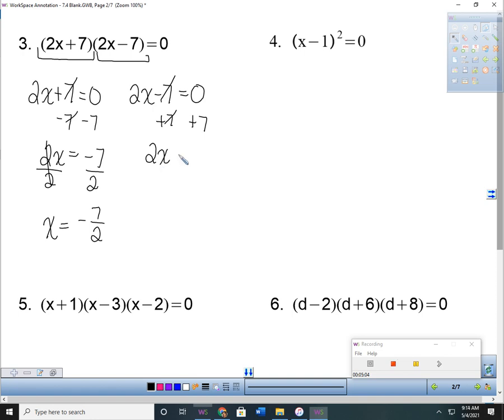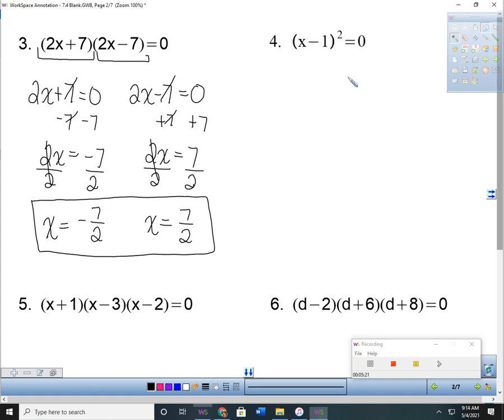So I have 2x is equal to 7, divided by 2. So x is 7/2. Now remember, when we take a number or a binomial or whatever and we square it, that just means that we have that binomial times itself.